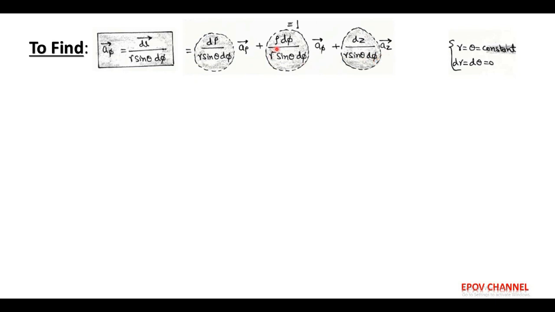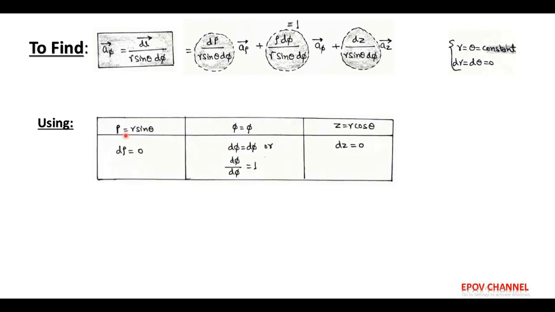Here in the second magnitude term we can put rho equals r sin theta, so it becomes unity. After that, using the relationship rho equals r sin theta and taking a differentiation, it gives 0, because here r and theta are constant. So we can write the first magnitude term as 0.